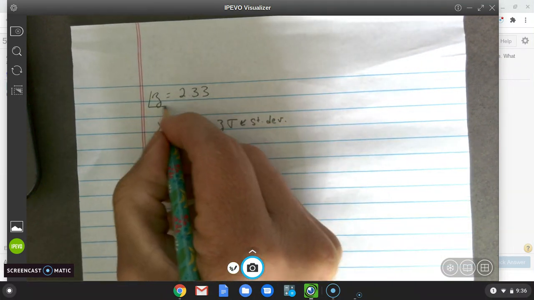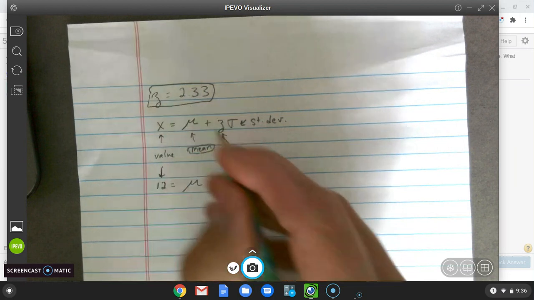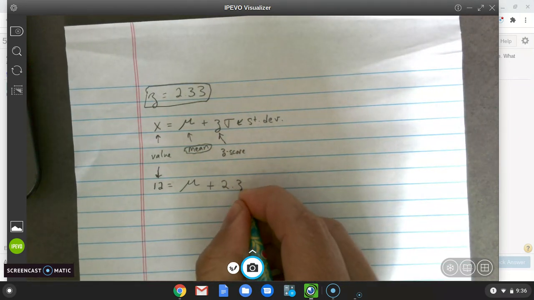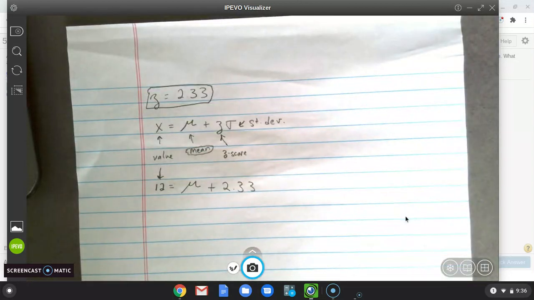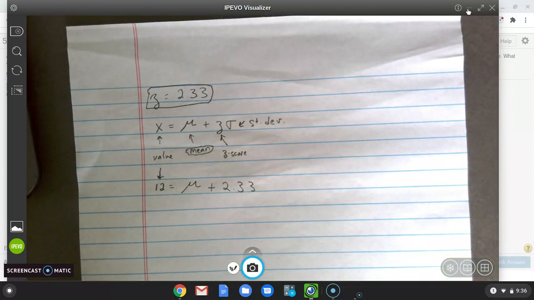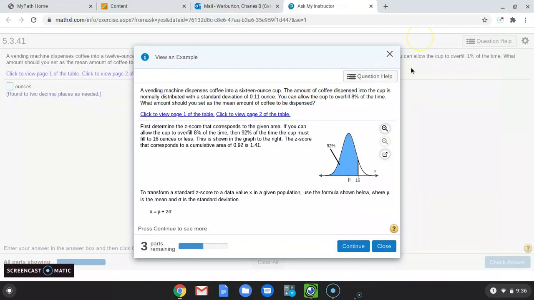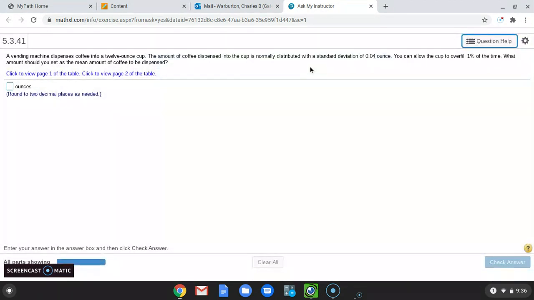We found that in the previous step, 2.33, times the standard deviation. I forget what the standard deviation was, I'll have to go back and look. Standard deviation of 0.04.